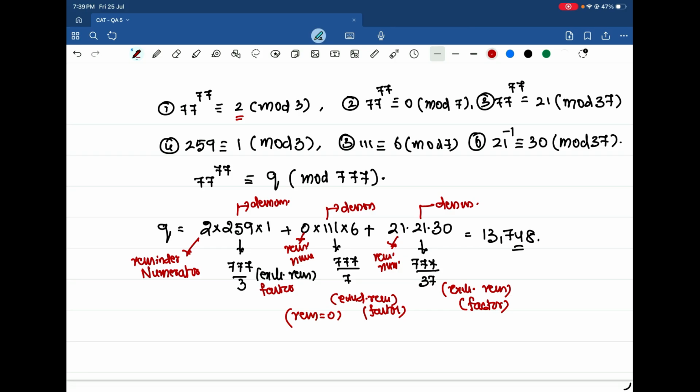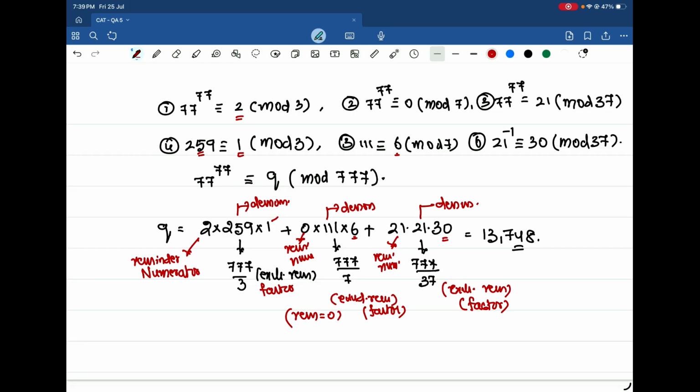For this number, this is the remainder. For 259, 1 is the remainder. For 111, 6 is the remainder. For 21 inverse, 30 is the remainder.